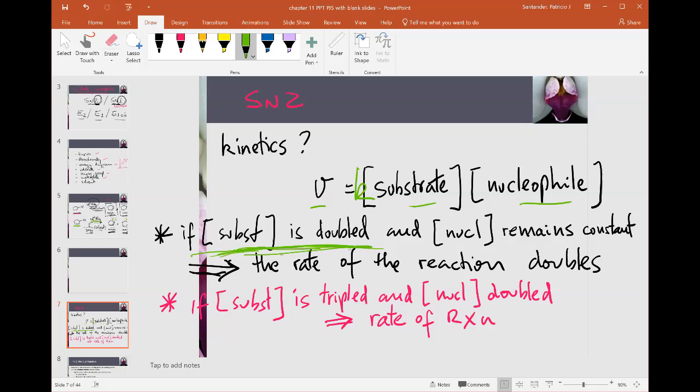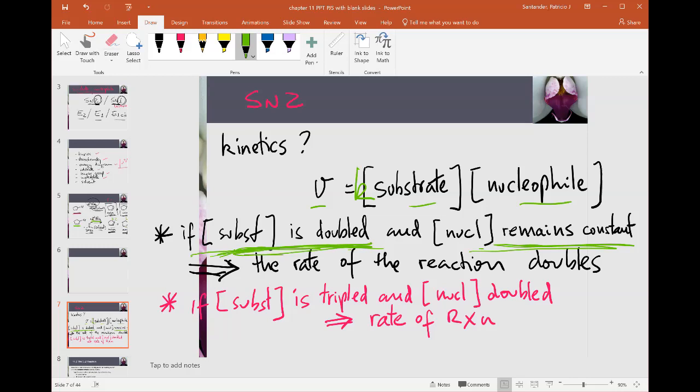If I double the concentration of the substrate, but the concentration of the nucleophile remains constant, the effect will be that the rate of the reaction will double, right? Because I'm doubling the concentration of the substrate.